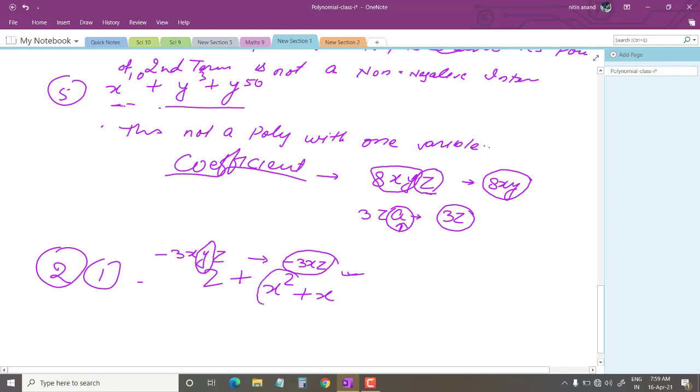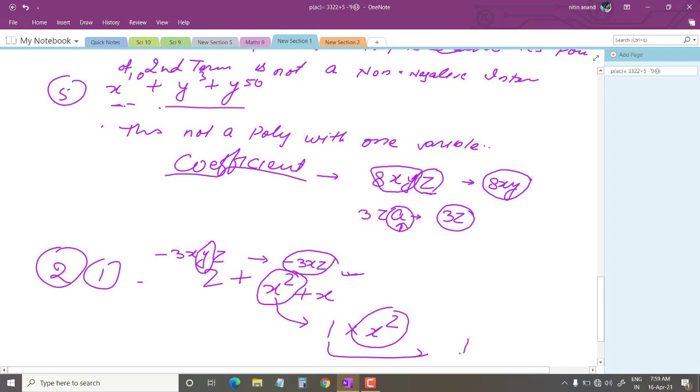This has only x square, so we can write it as 1 into x square. Then the remaining element is 1. So the coefficient of x square in this term is 1.